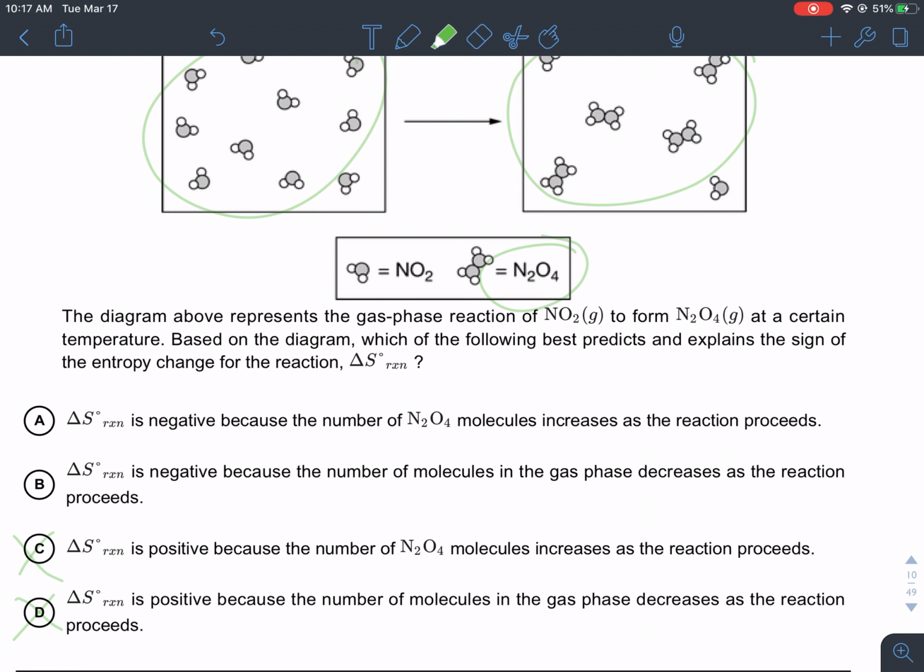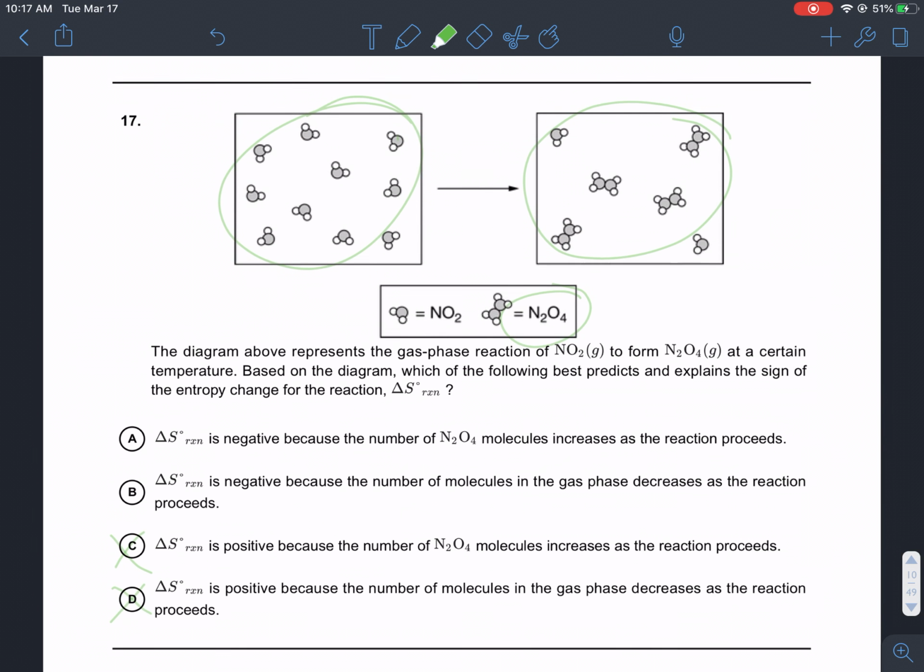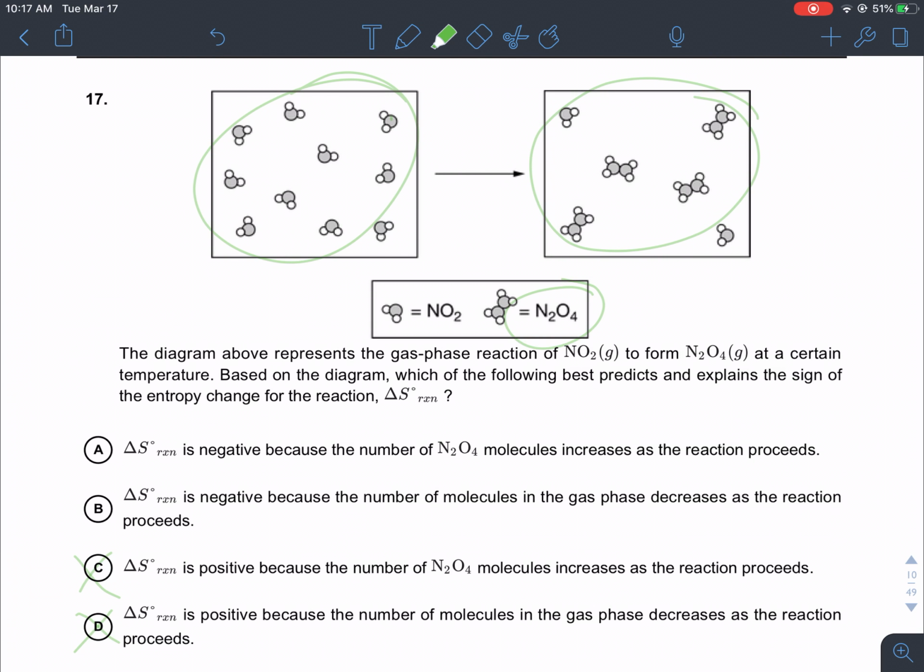Well, the N2O4 did increase, but that doesn't mean your delta S is negative, because if we added more N2O4, that would have been bad too. Delta S is negative because the number of molecules in the gas phase decreases. Yes, it's the total amount, not just the amount of N2O4. So the correct answer is B.